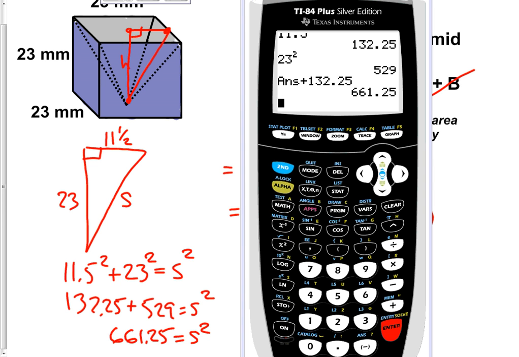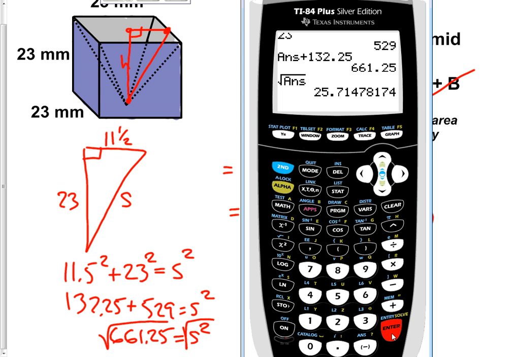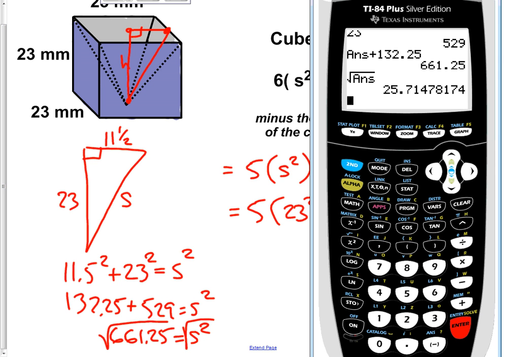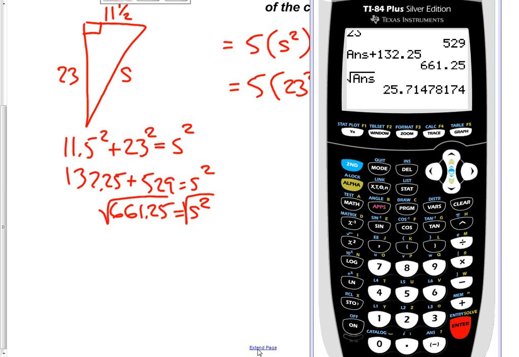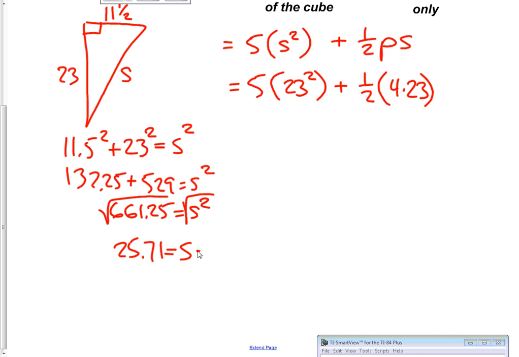Of course, we don't want the slant height squared, we just want the slant height, so we'll take the square root of both sides. We've got a number in the ballpark of 25.71. Well, that is our slant height, which belongs in the problem back there.